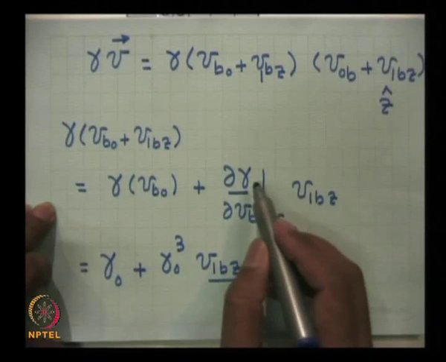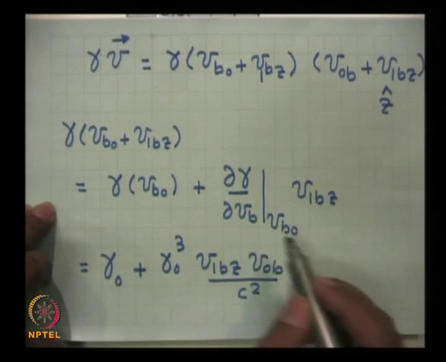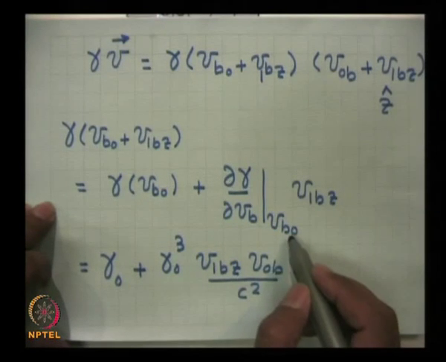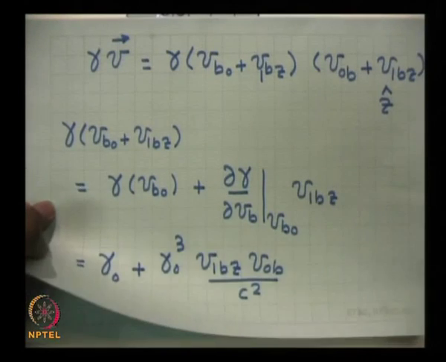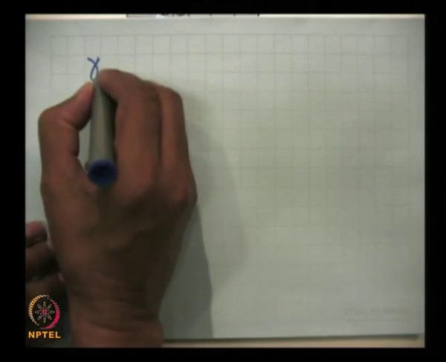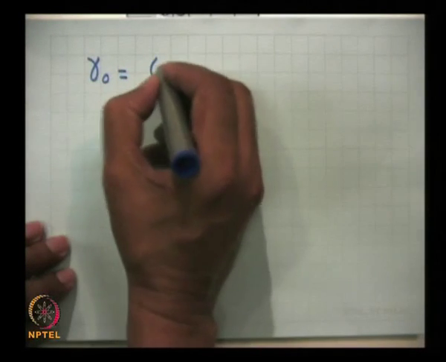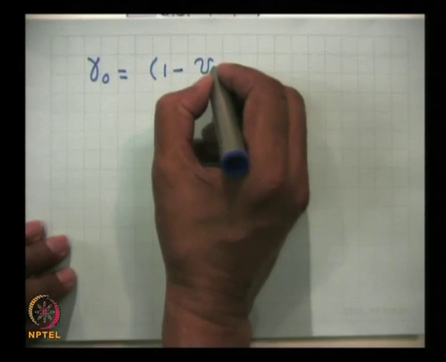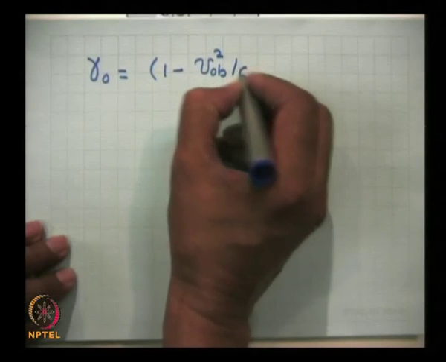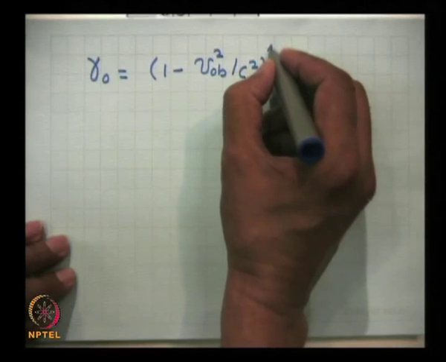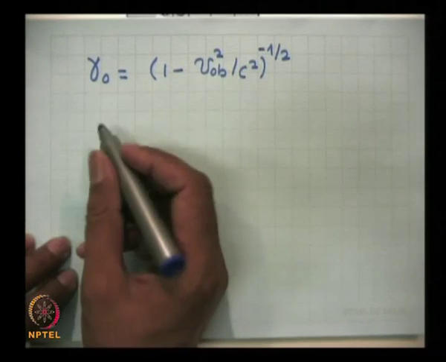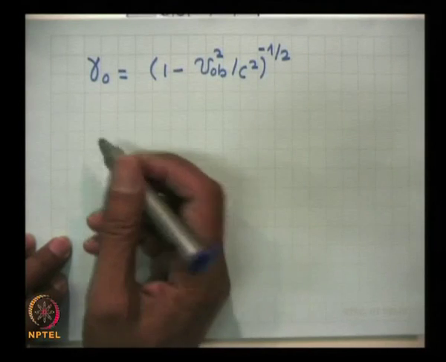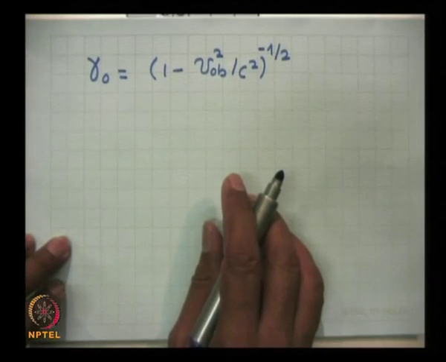Just differentiate gamma with respect to beam velocity and replace this beam velocity by v0b, and this is what you get. What is gamma 0? Gamma 0 is equal to 1 minus v0b square by c square to the power minus half, the initial value of the gamma factor, and gamma 0 cube is the cube of this quantity. You can easily verify by differentiating.